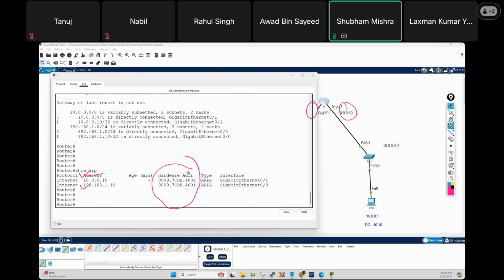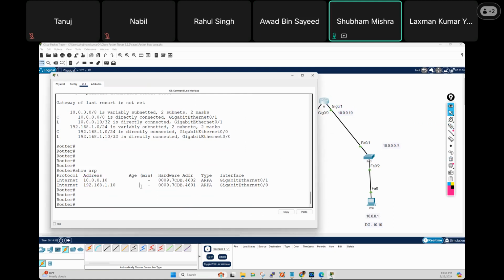Understand? And this is called the hardware address. It means this is the MAC address of every interface. Are you getting my point, everyone? And this is called the interface. Understand? So this is called the ARP table.